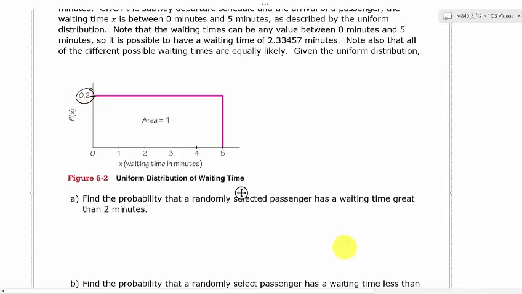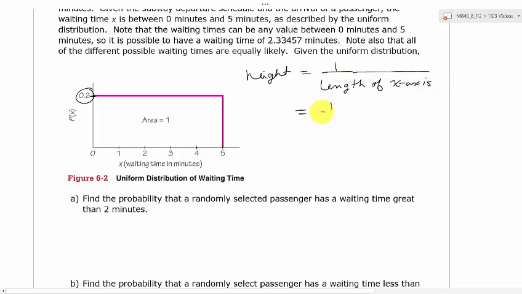But if you need to calculate that, the way that you do that is that it's equal to 1 over the length of the x-axis. So for us, that's 1 over 5. 0 to 5 is 5 minutes, which gives us a height of 0.2.